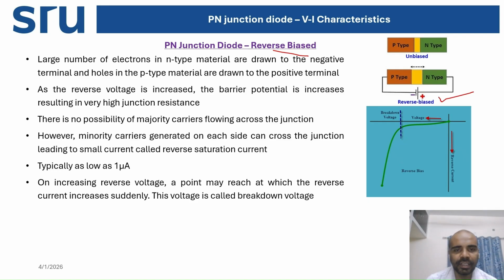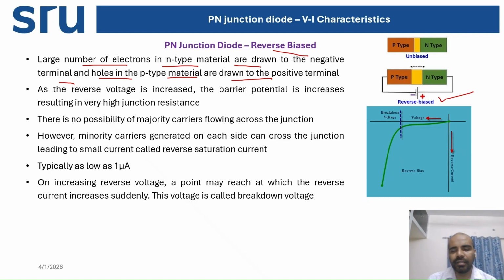In reverse bias, electrons in the N side are drawn to the positive terminal and holes in the P side are drawn to the negative pole of the battery, right?